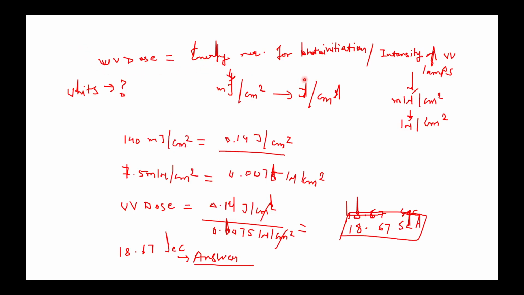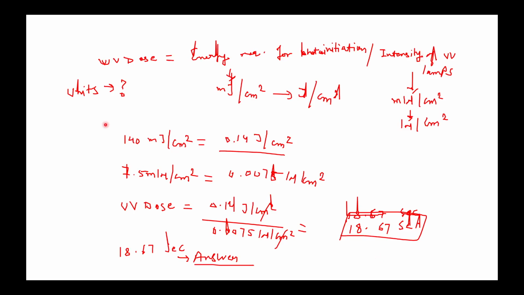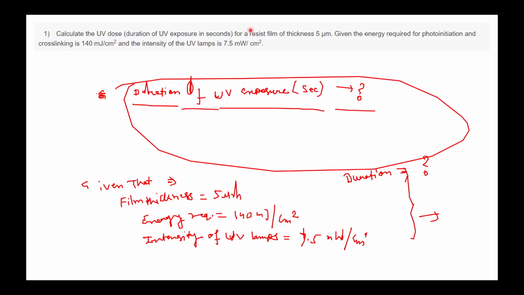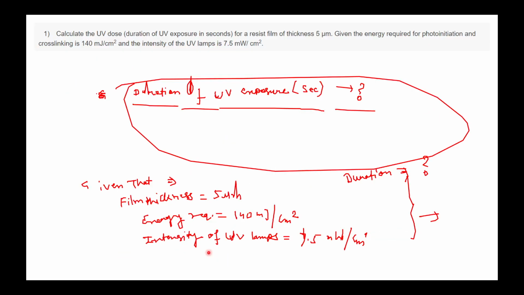UV dose means the energy required for photoinitiation and cross-linking, which is 140 millijoule per centimeter square, divided by the intensity of the UV lamps, which is 7.5 milliwatt per centimeter square. Convert into SI units, millijoule to joule and milliwatt to watt, and it would be 0.14 and 0.0075. Divide these two and you will get the exposure time, somewhere around 18.67 seconds, for the film thickness of 5 micrometer. So this is the way.